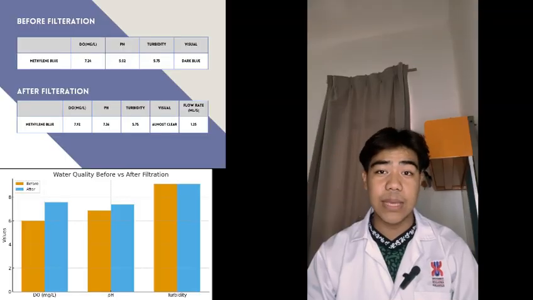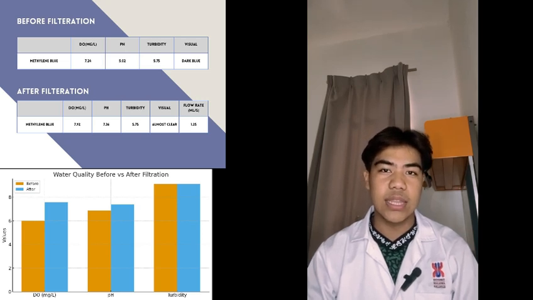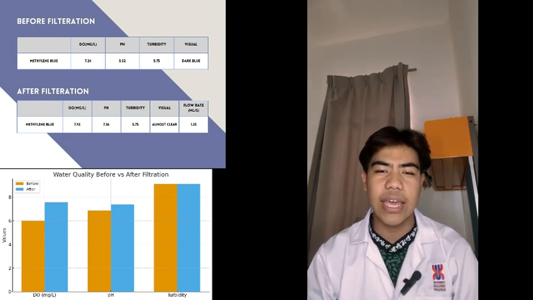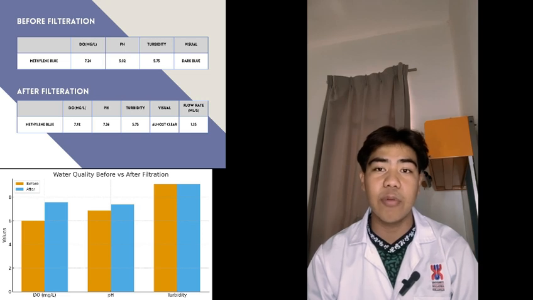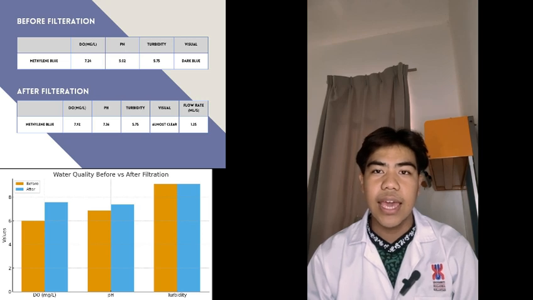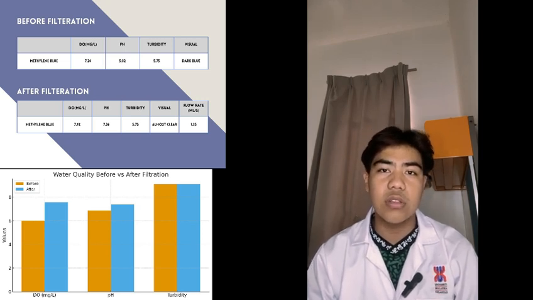For the methylene blue sample, the filtration system performed extremely well. The water changed visually from dark blue to almost clear, showing excellent removal of dye molecules and chemical contaminants. pH increased dramatically from 5.02 to 7.36, correcting the acidity and restoring the water to a neutral level.